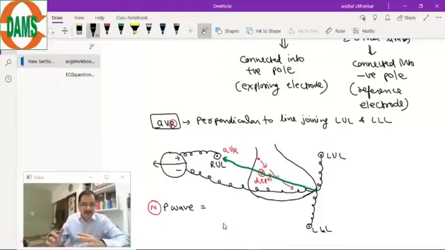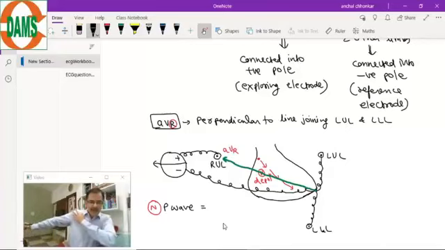Look at the vector line of AVR. The arrowhead is towards the right upper limb. That is the exploring electrode, the positive pole. And normal depolarization is going away from the positive pole. It is going away. So it will be less positive. Yeah, no, it will be negative.